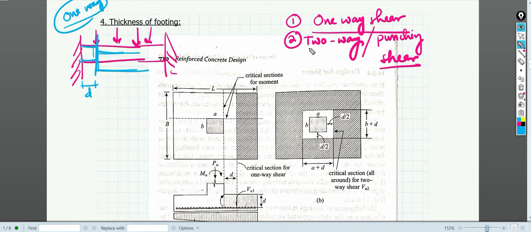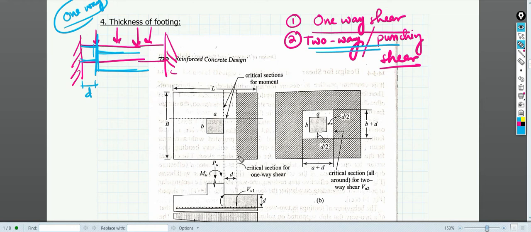While talking about punching shear or two-way shear, we will see that in certain cases a column, or any compression member supported by a slab or footing, might punch through the slab or the footing. Just first look at this figure.